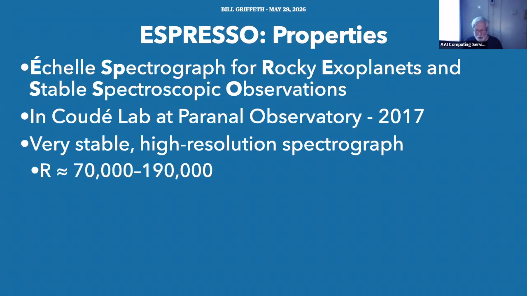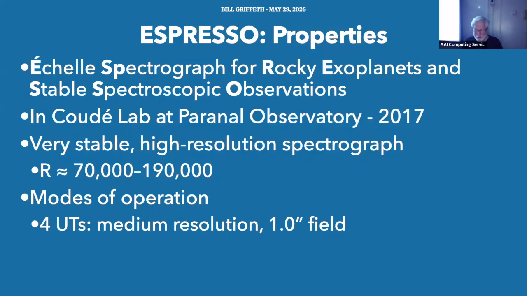Its Echelle grating provides a spectral resolution between 70,000 and 190,000, which is essential for detecting the very slight shifting in a star's spectral lines caused by the presence of an exoplanet the same size as Earth. ESPRESSO functions with either one of the 4 8-meter unit telescopes or all 4 of them, depending on the resolution and light gathering power required.